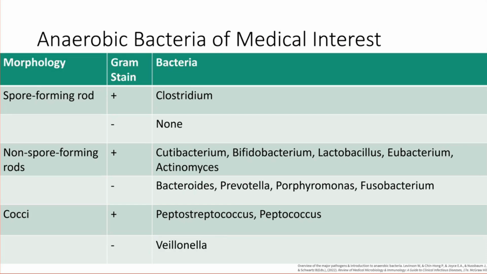Remember these bugs when you get that phone call from the lab: it's growing only from the anaerobic bottle, it's gram-negative this, gram-negative that, but it's an anaerobe. You have to be thinking about these bacteria because some of them may not be covered by your empiric regimens like cefepime.